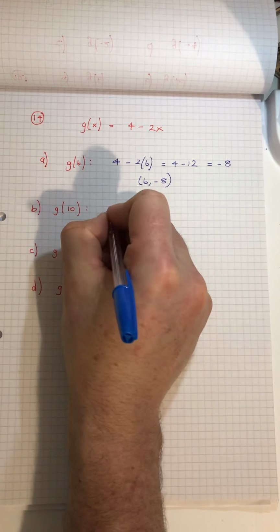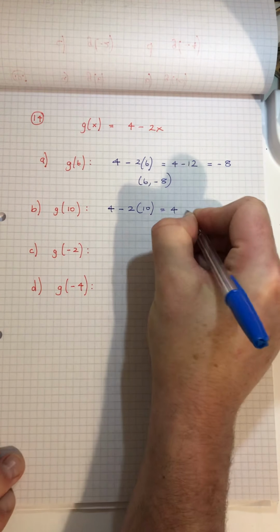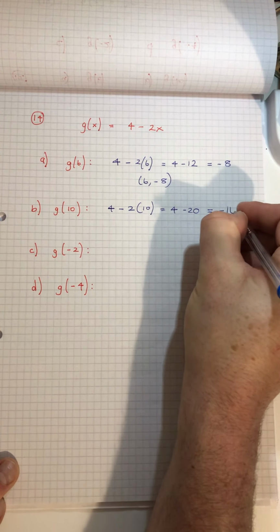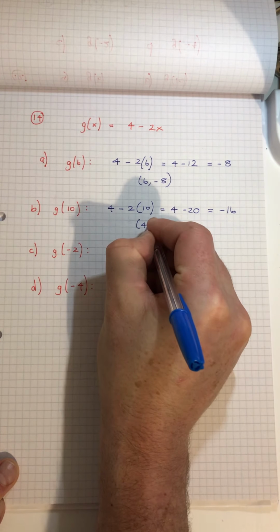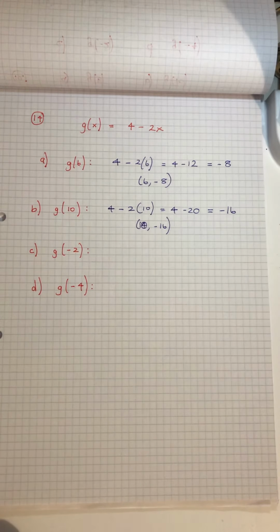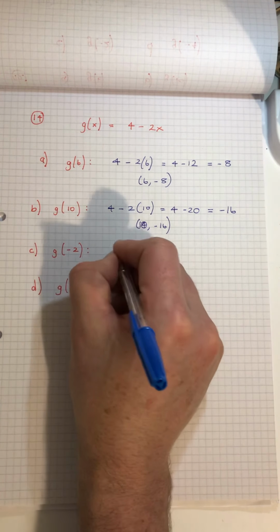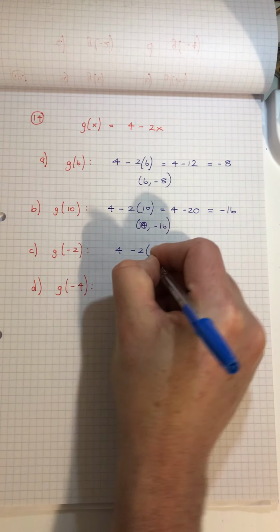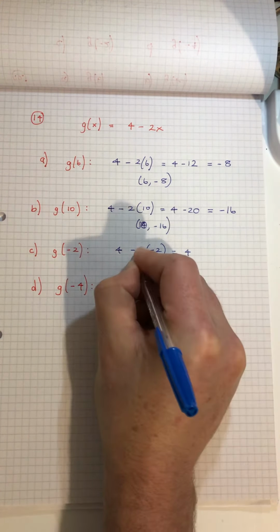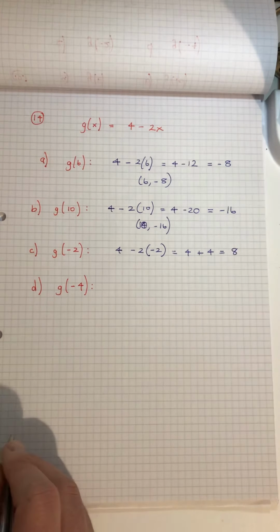For 10, it'll be 4 minus 2 times 10. 4 take away 20 is equal to minus 16. So 10 and minus 16. When g of x is minus 2, so 4 minus 2, and in brackets minus 2, will be 4. 2 minuses give you plus 4, which is equal to 8.